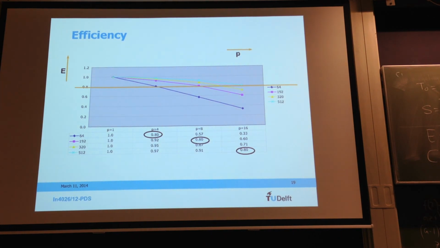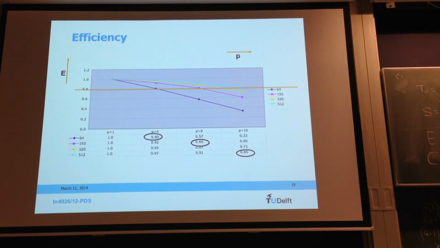That means that if we pick the right combination of the pairs P and N, we can still obtain a constant efficiency. And constant efficiency was connected to optimality.